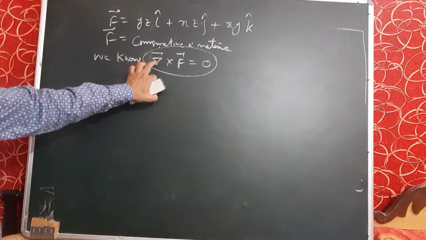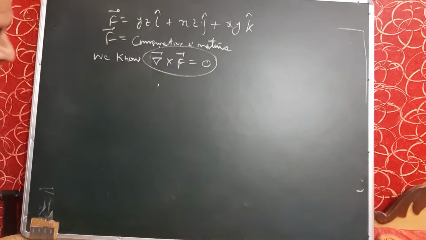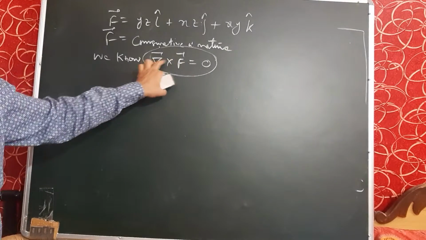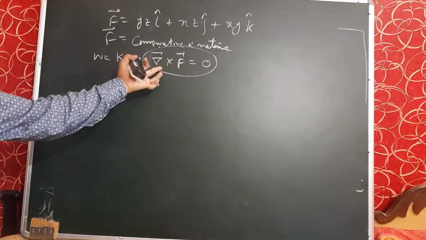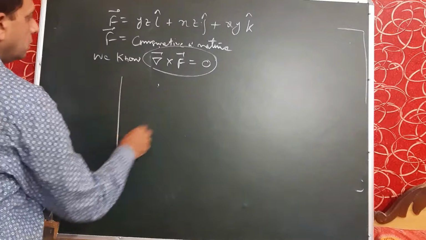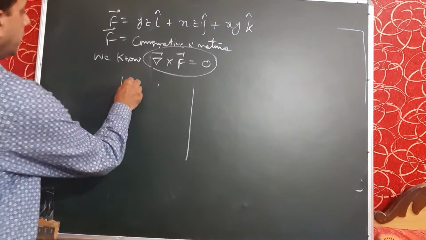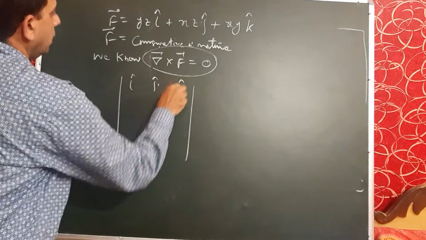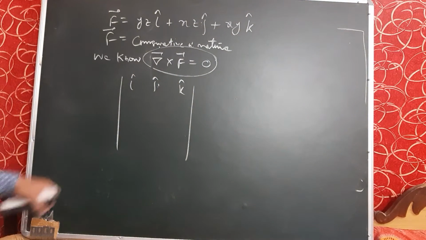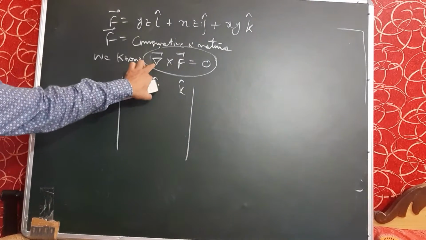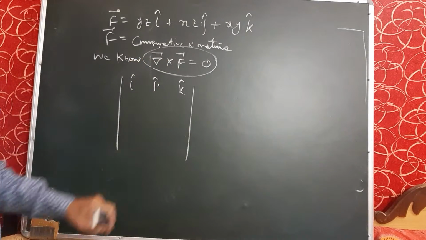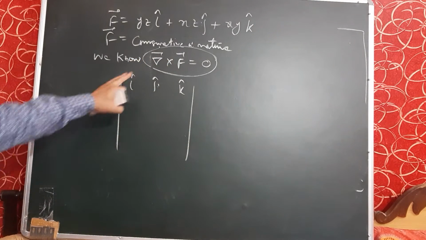So curl of F. Curl is just the cross product of these two vectors. We know that the cross product can be solved by the determinant of i, j and k, then the 3 components of the first vector and then the 3 components of the second vector. So what is the first vector?